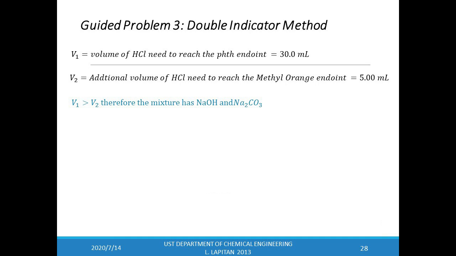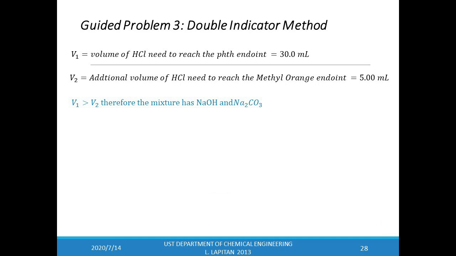In this case, we use 30 mL for V1, which is the volume of the titrant acid required to reach the phenolphthalein endpoint, while an additional 5 mL or V2 of the acid was used to reach the methyl orange endpoint. In this example, we see that the volume of the acid required to reach the phenolphthalein endpoint is greater than the volume of the acid required to reach the methyl orange endpoint. Therefore, we say that our mixture contains sodium hydroxide and sodium carbonate.